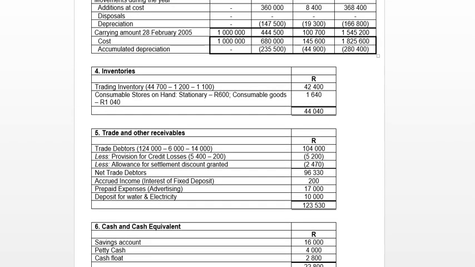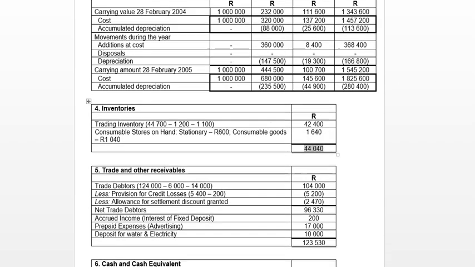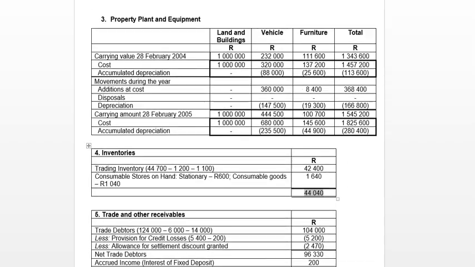Okay, so trading inventory, our balance at the end of the year is 42,400 Rand, and our consumable stores on hand, so what we have left for the next financial year, is 600 Rand towards stationery and 1,040 Rand towards consumable stores. So in total, our inventory will then be 44,040 Rand.